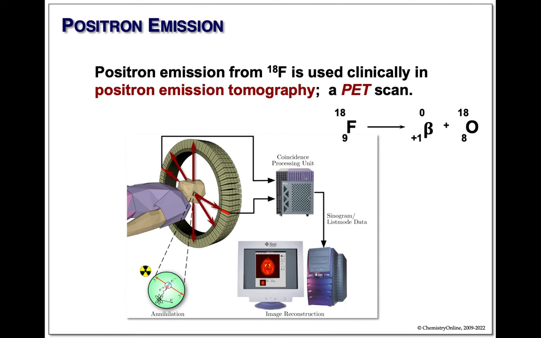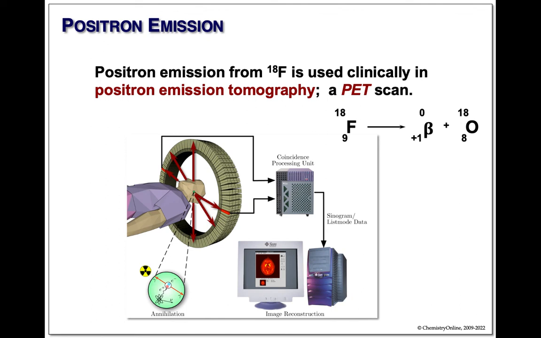Now, this is used to detect tumors, because tumors are very simple cells. They don't do oxidative metabolism, they only do glycolysis. So you feed somebody sugar, it goes straight to the tumor.